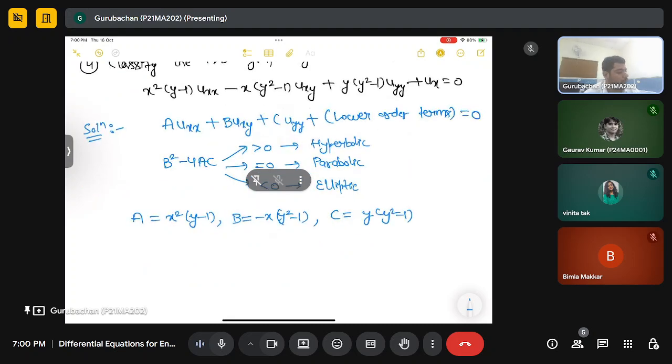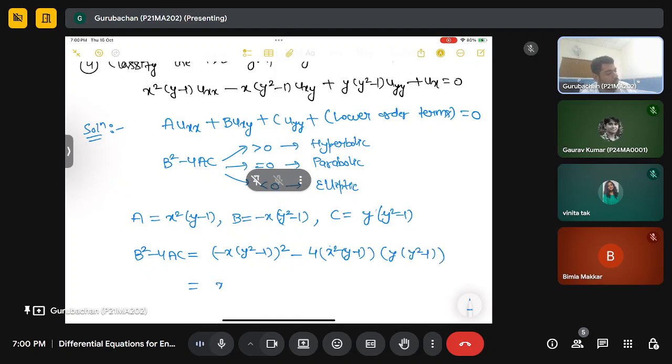These are the values of A, B and C. So what will be B square minus 4 times A into C? This will be minus x y square minus 1 whole square minus 4 times x square y minus 1 into y square minus 1.